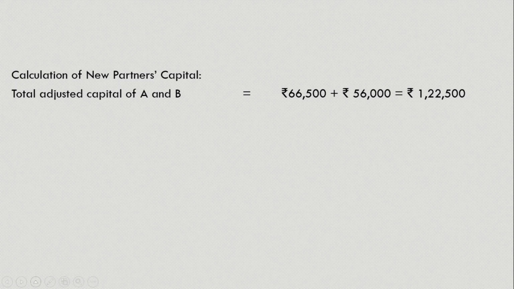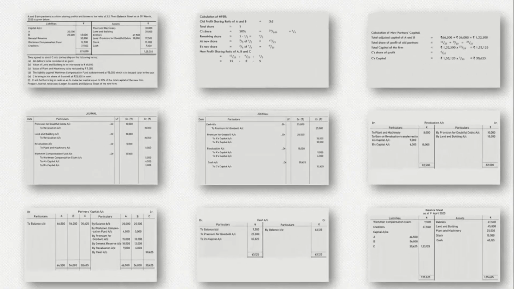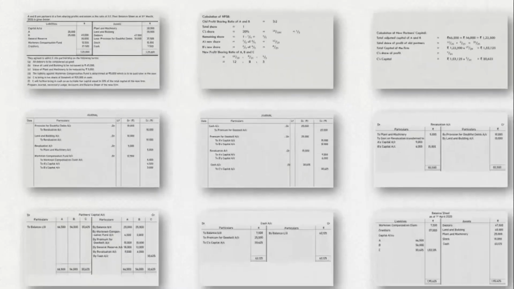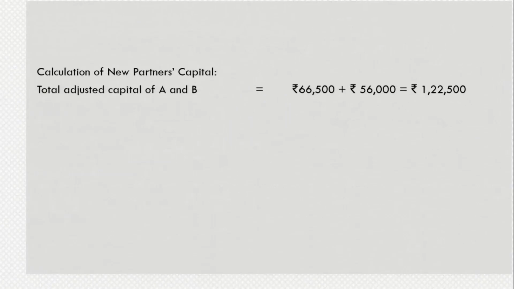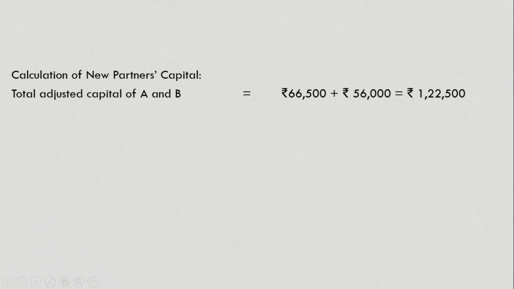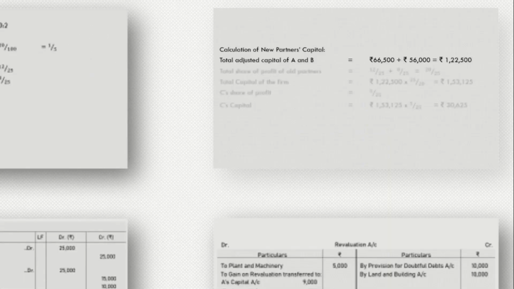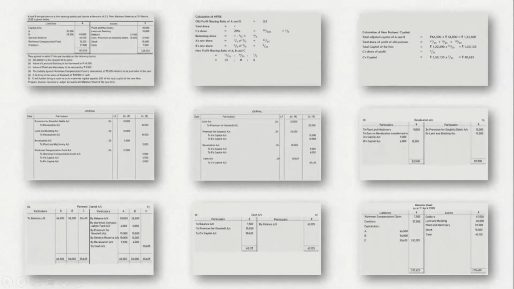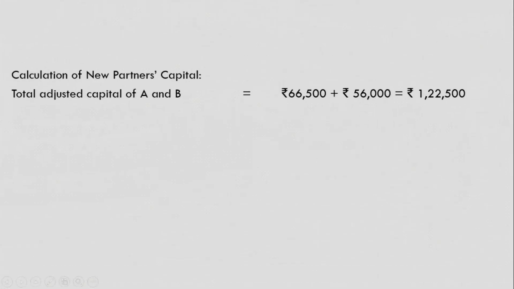Remember, the capital of A and B was 20,000 and 25,000. But we are not taking these amounts, we are taking other amounts. Why? Because it is written adjusted capital. In our partners' capital account, with these 20,000 and 25,000, we adjusted workmen compensation fund, premium for goodwill, general reserve and revaluation to get adjusted capital. Then we added the adjusted capital of both to get 1,22,500.